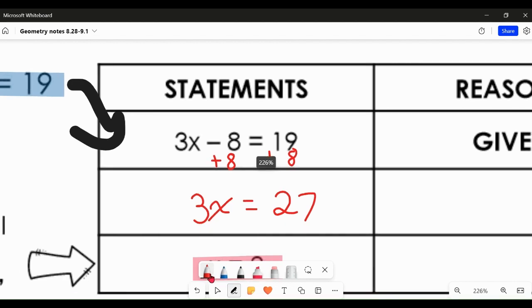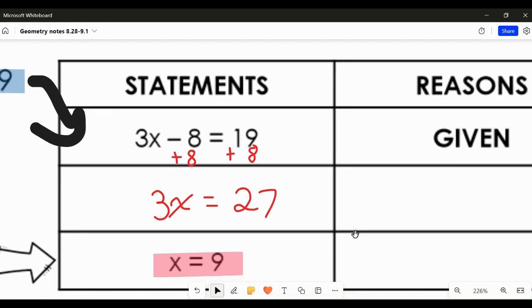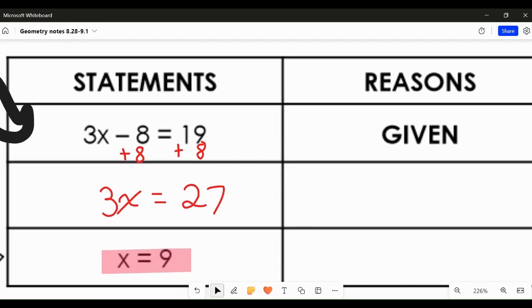Now, when we take a step in a proof, we have to justify it with a reason. So what was the reason that took us from our first line here to our second line? To find out that reason, what step did you take? What did you do? We did this little bit of addition here.